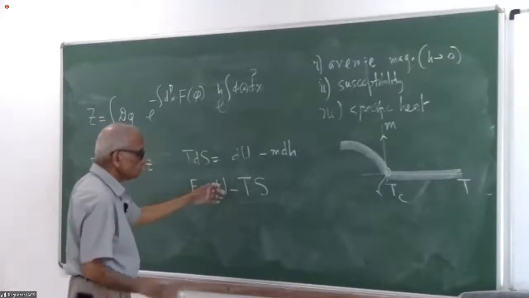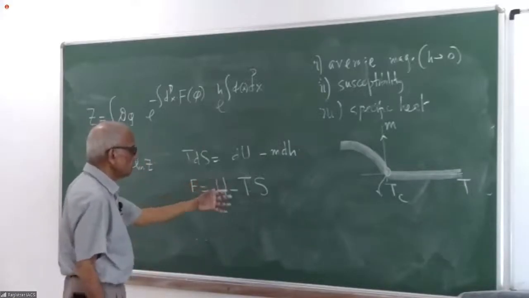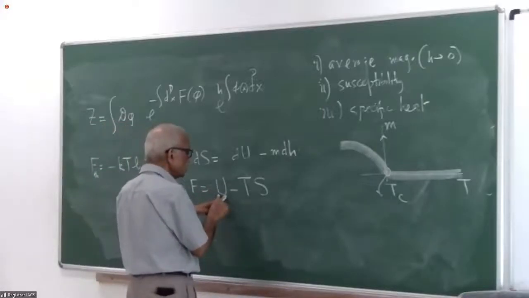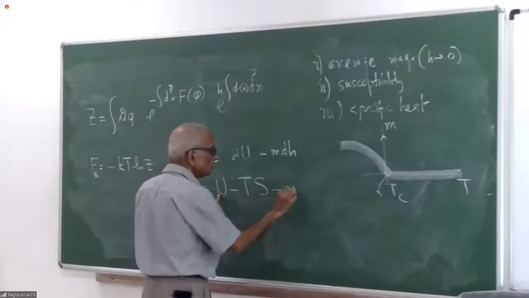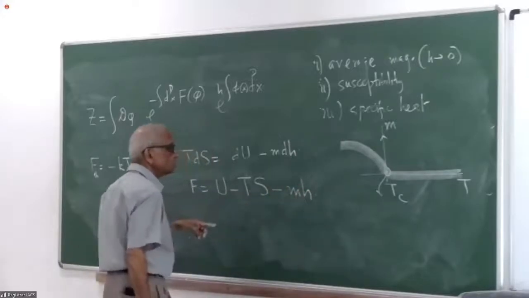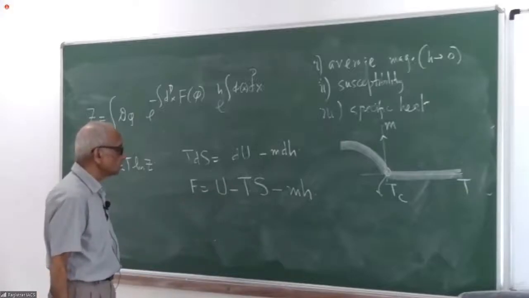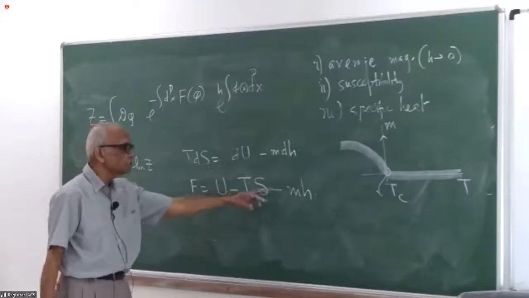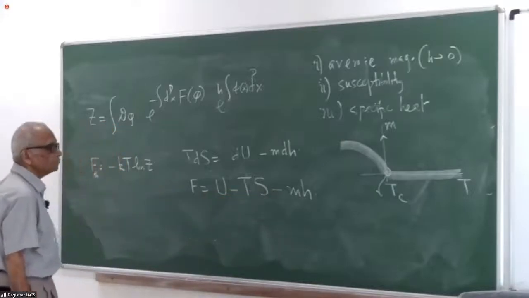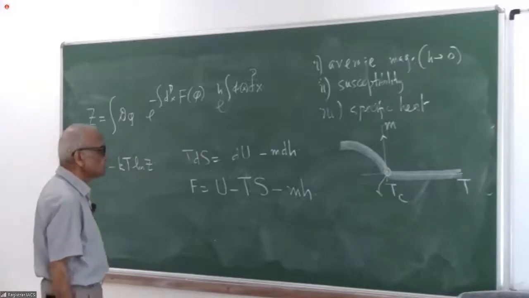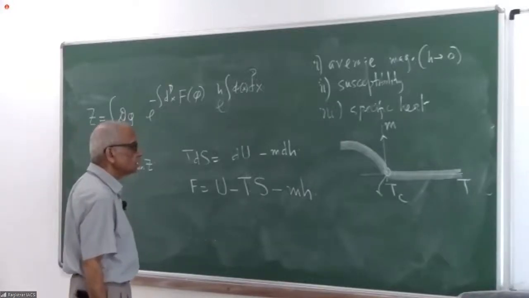This is just the thermal energy of the system. And now the internal energy will be picking up minus mH, and you would be looking at U minus TS minus mH.